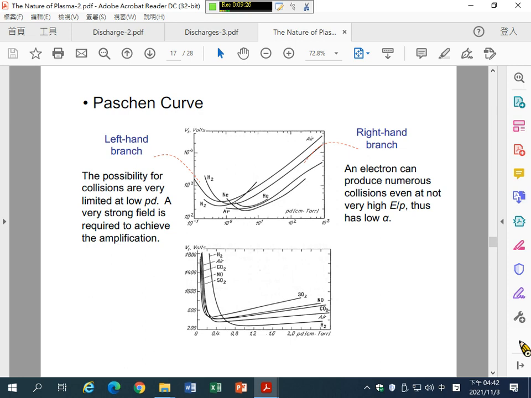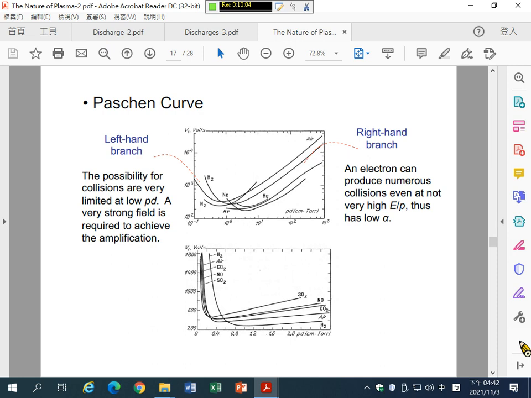From the Paschen curve, we can see that for different cases, the minimum voltage required to generate plasma will fall in different regions of PD. The unit for PD is centimeter torr. Torr is the unit for pressure, and centimeter is the unit for the distance between cathode and anode, or the cathode layer thickness.